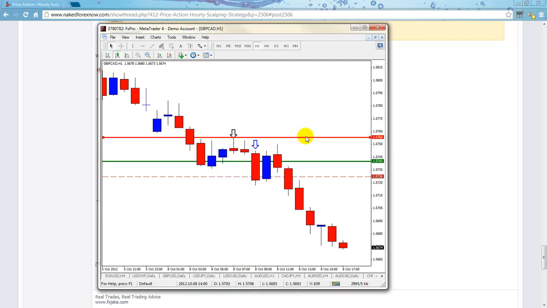And then you can see that my target is down here, 10 pips away from 57.42. It ends up being right about here, where that 10 pips was taken.